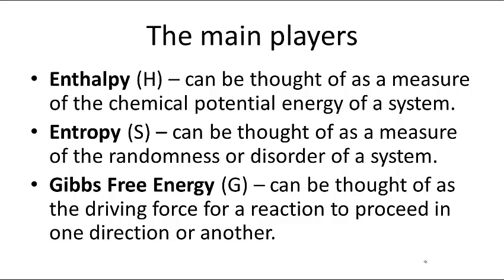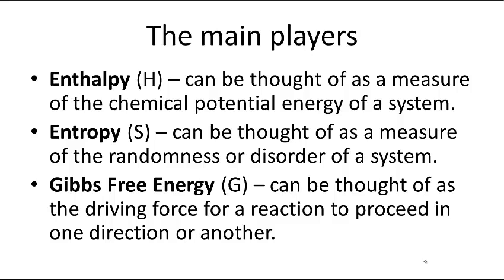But enthalpy we think of as a measure of chemical potential energy. If you look up a definition of enthalpy, that's not what you're going to find, but for our purposes, that's pretty much the way it's going to show up. Entropy is essentially measuring the disorder or randomness of a collection of stuff.